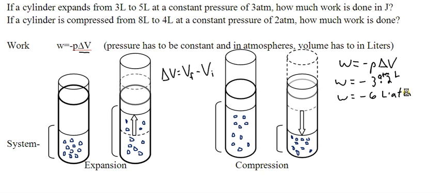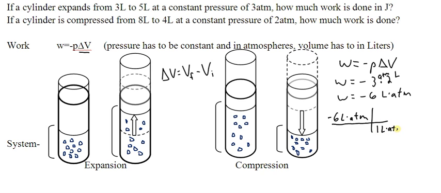Now, it just so happens that there are 101.3 joules in a liter atmosphere, so to make our conversion, we now need to go from the 6 liter atmospheres that we have into joules. We're at negative 6 liter atmospheres.